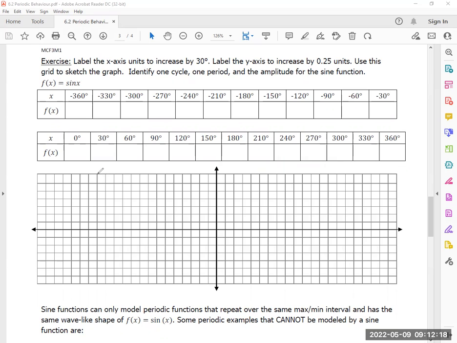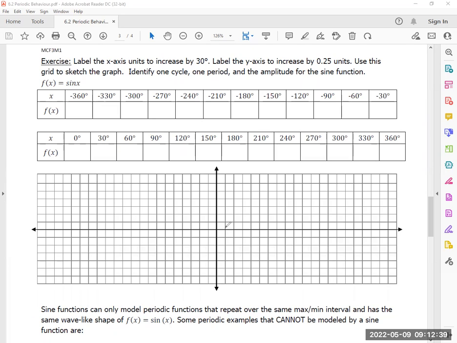With your sheet, step one, I would like you to measure out the labels based on this exercise. For this exercise, I would like you to label each box in 30 degrees.